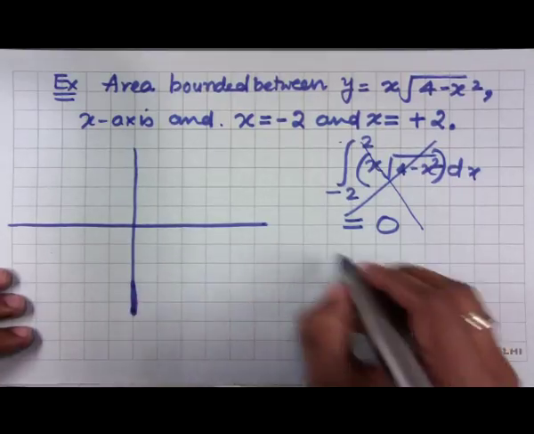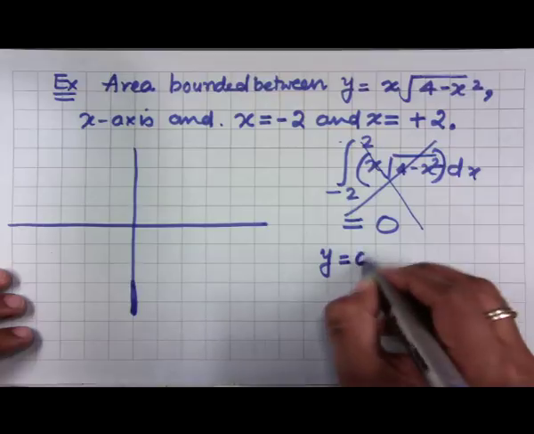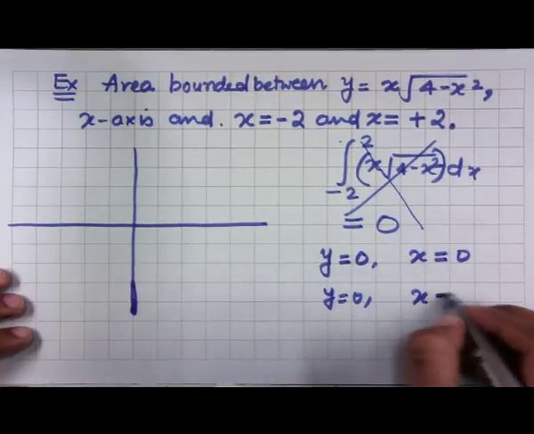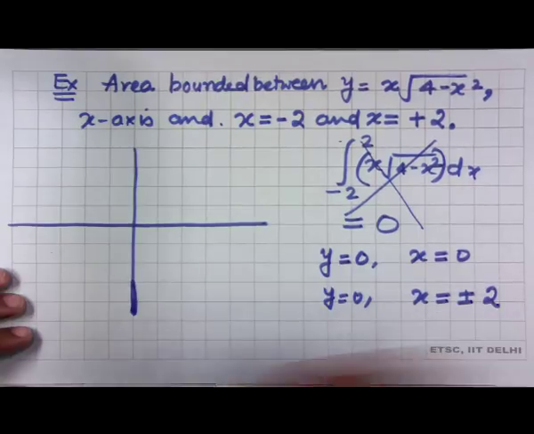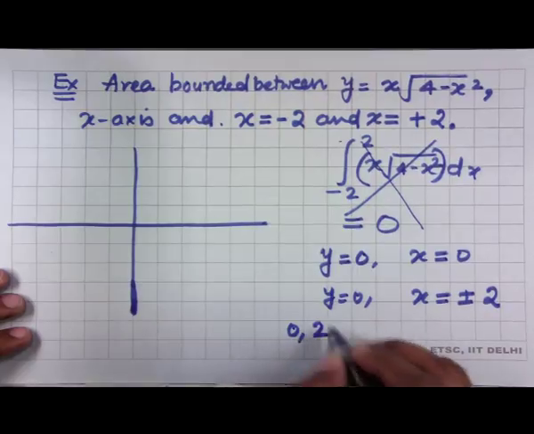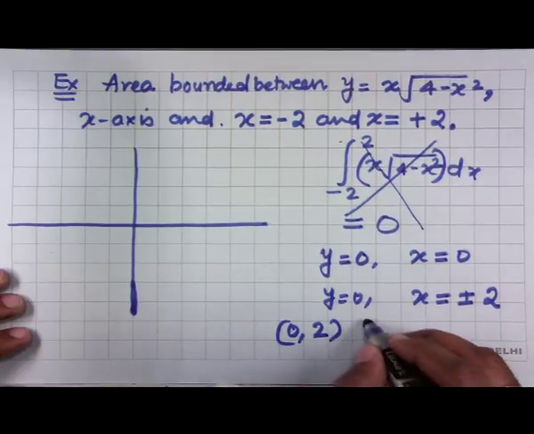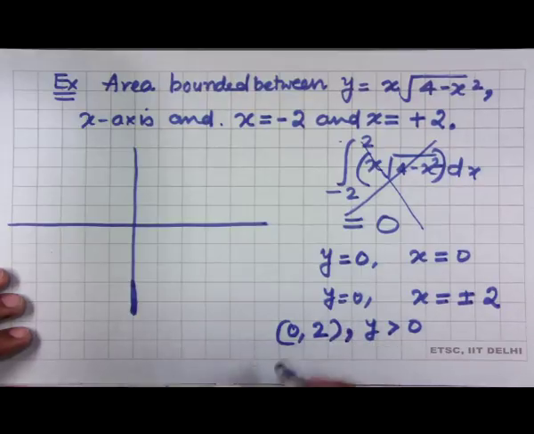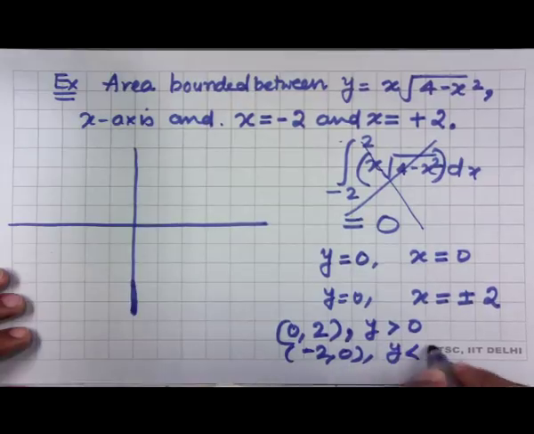So what you can see is that y is 0 when x is 0 and y is 0 when x is plus minus 2. Now between 0 and 2, y is positive, and between minus 2 and 0, y is negative.